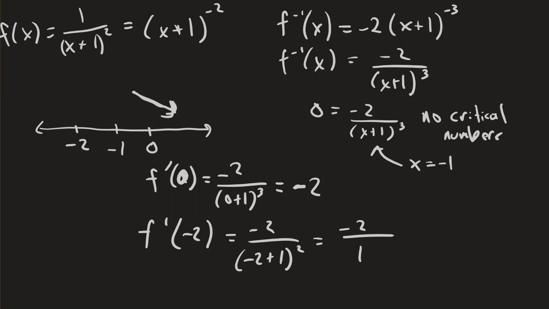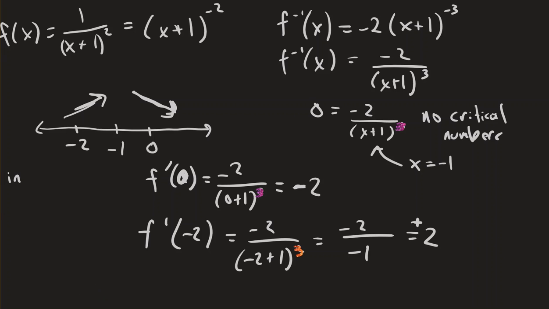Hopefully you can learn from this. This was supposed to be x cubed, and I did that correctly here, but for whatever reason, that was supposed to be cubed. So negative 1 squared might be 1, but negative 1 cubed is actually negative 1. So at an x value of negative 2, the derivative is positive, which means the graph is going up.